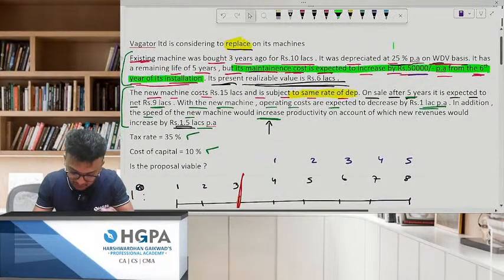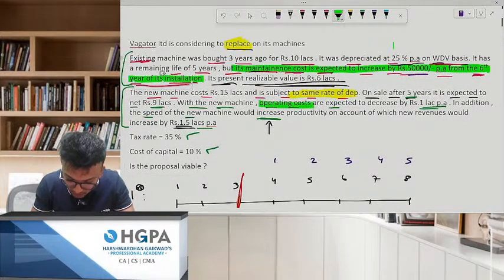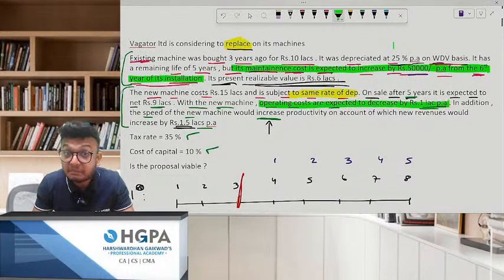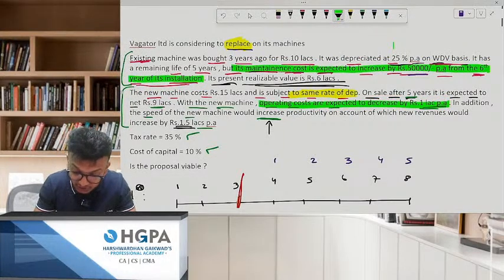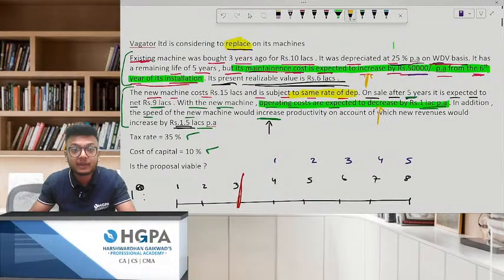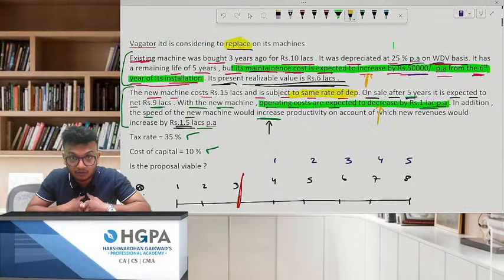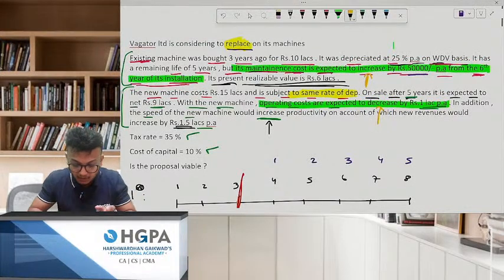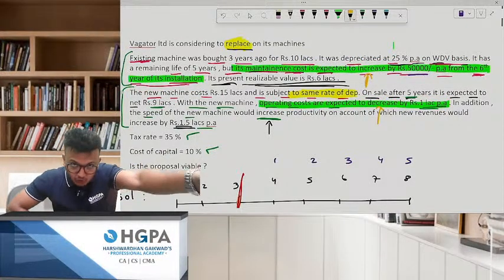Even for the new machine, the operating costs are expected to decrease by 1 lakh. So they have written increase over here, and decrease over here. What to do? Understand the logic now. I am thinking whether to buy this new machine or not.